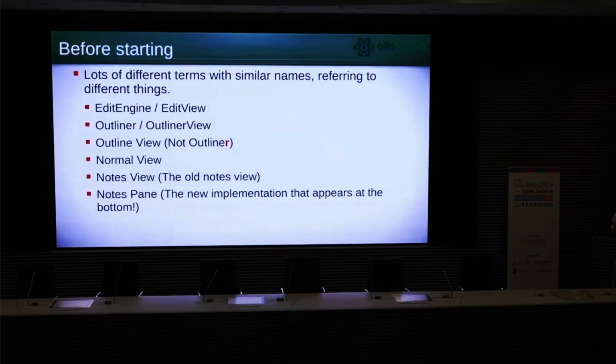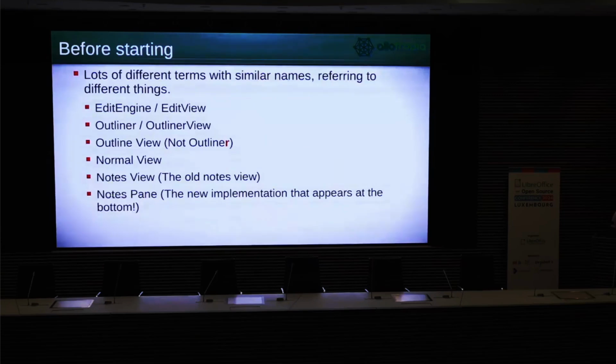Before starting about the implementation, the whole story about it, I need to clear out a few things. There are lots of terms that I'm going to use that sound exactly like the same thing, but they are not. So naming is hard, and so be aware. Like edit engine, edit view, outliner view, they kind of do the same thing, but outline view isn't outliner view.